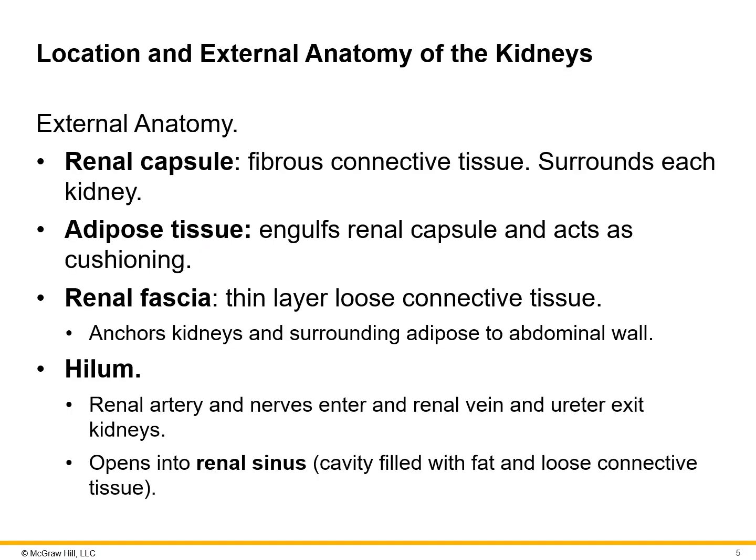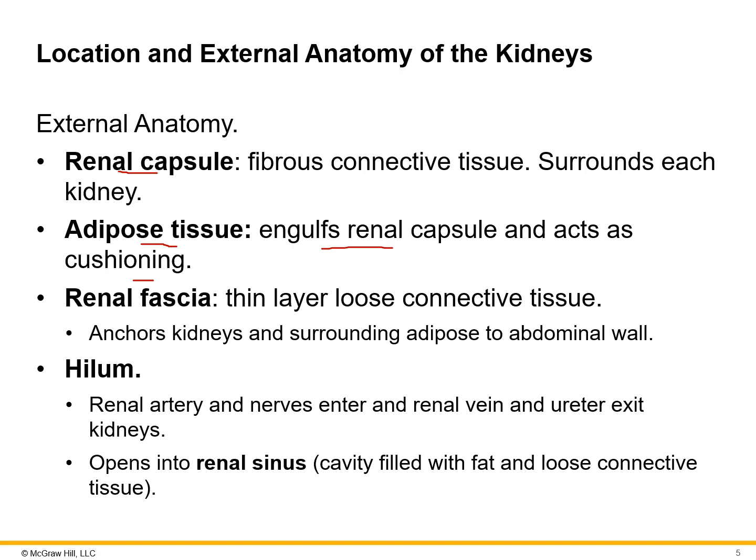Looking at the external anatomy of the kidneys, there's the renal capsule, which is made up of fibrous connective tissue that surrounds the kidney. There's some fat tissue, or adipose tissue, that engulfs and surrounds that renal capsule, and it helps provide cushioning to protect the kidneys whenever we have impact.